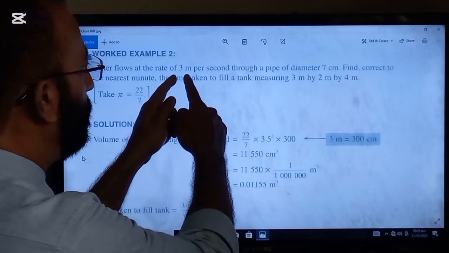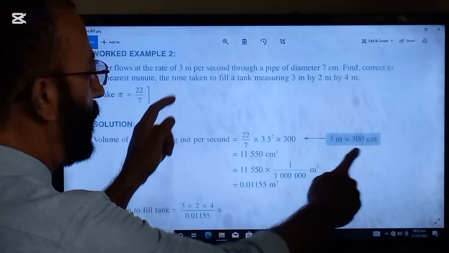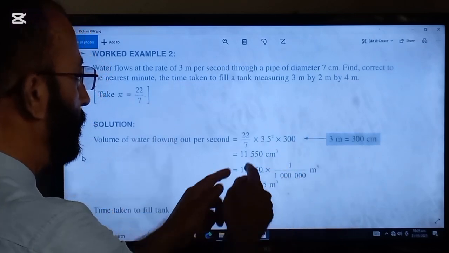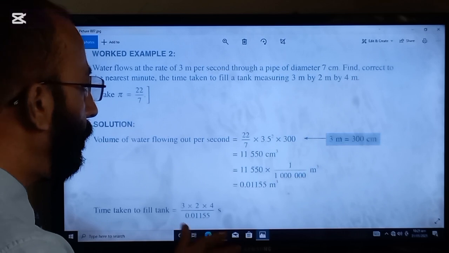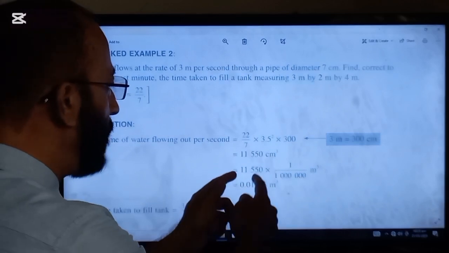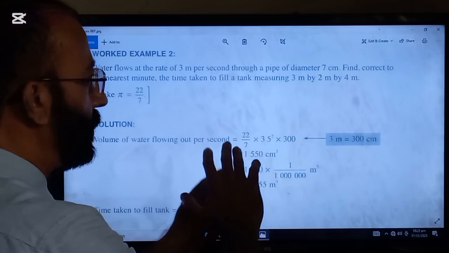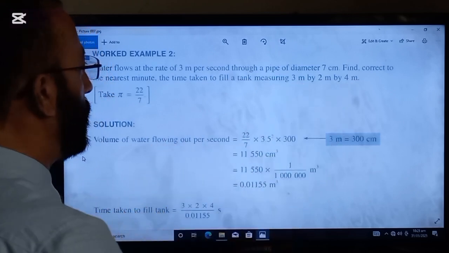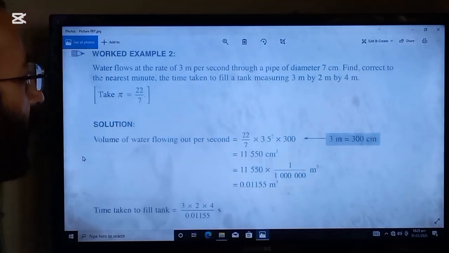So we are going to convert this into centimeters because 3 meter will be equal to 300 centimeters, so 300 is this one. Solve it on the calculator, you will get this answer. Now divide this value by 1 million because you are actually going to make all the units into meters. So this is cubic meters now.